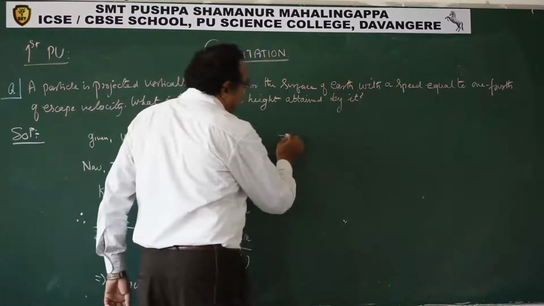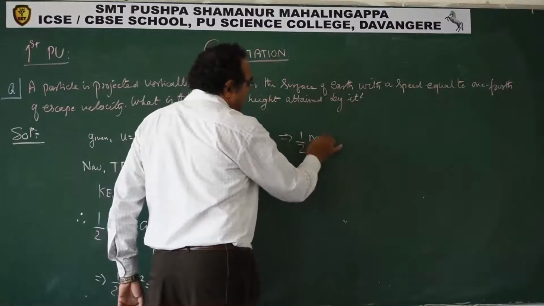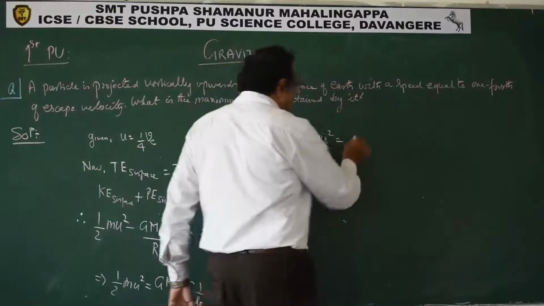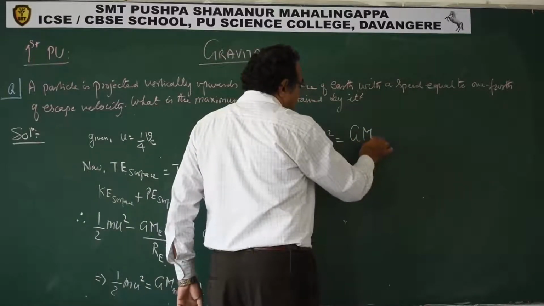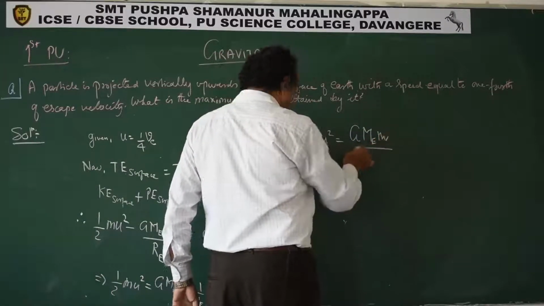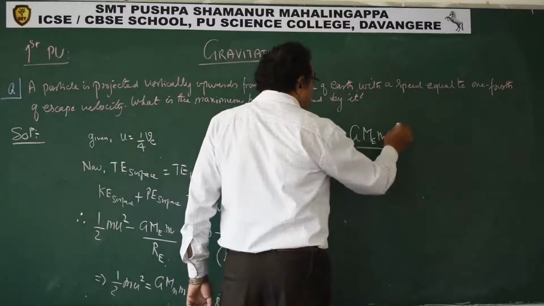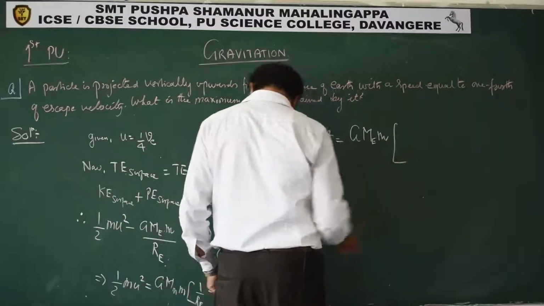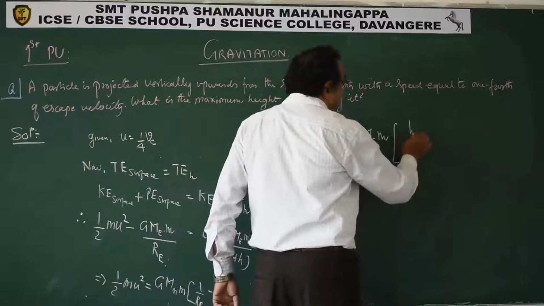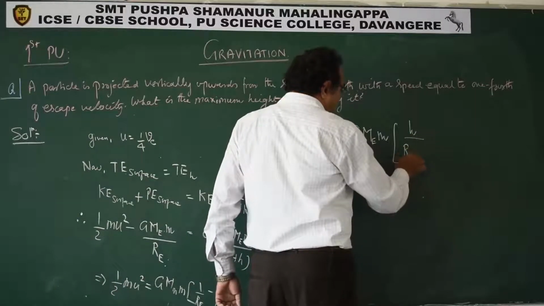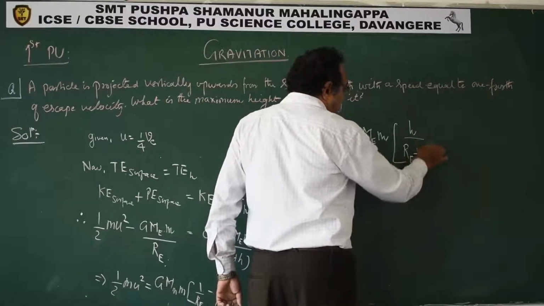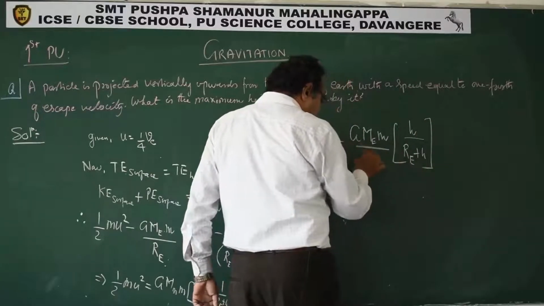So on simplification, what we get? Half mu square is equal to G M m, if you take LCM, you will get h here, and Re plus h, and here I will take Re.